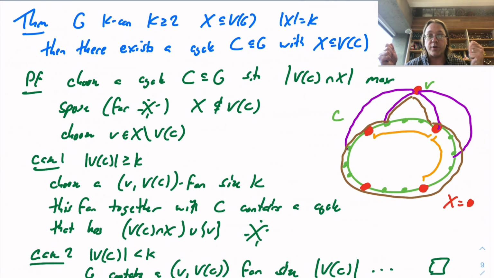I give you any two vertices, you're guaranteed k internally disjoint paths between them. If I give you a vertex V and a set of k or more vertices disjoint from that vertex V, you're guaranteed a V to A fan of size k. And so those are three very similar structures, and all very useful for uncovering a useful structure within a graph.